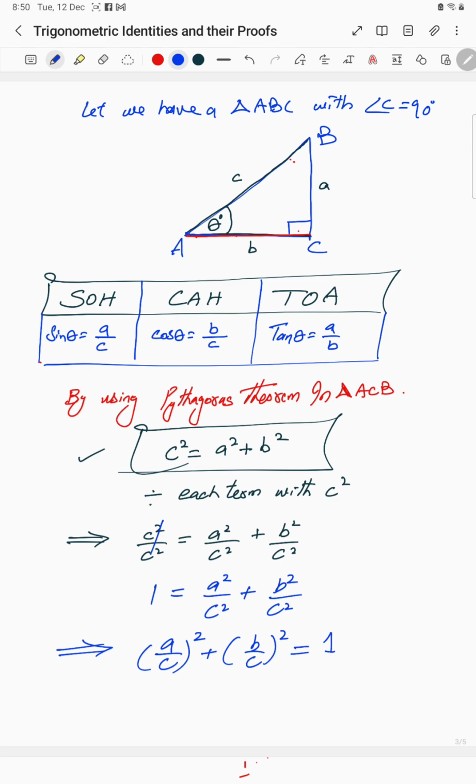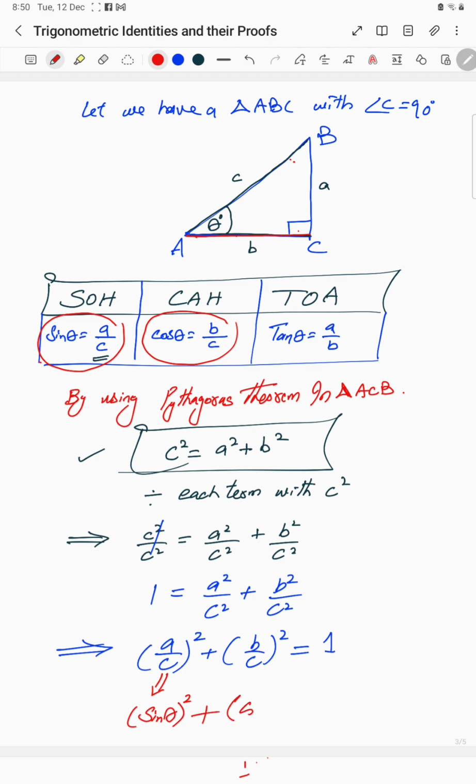Now guys, as from the table formed above, we know what AC is. AC representing here, I'm circling it in. AC is equal to what? Sine theta. So here I can write it as sine theta square, and BC is equal to what? Cos theta.